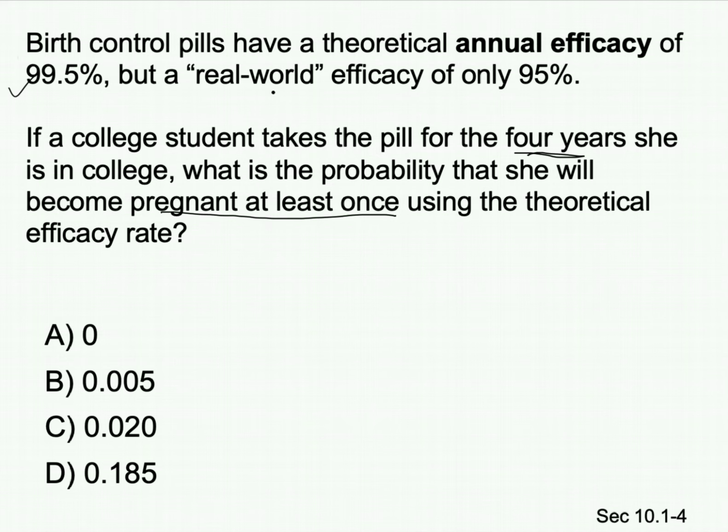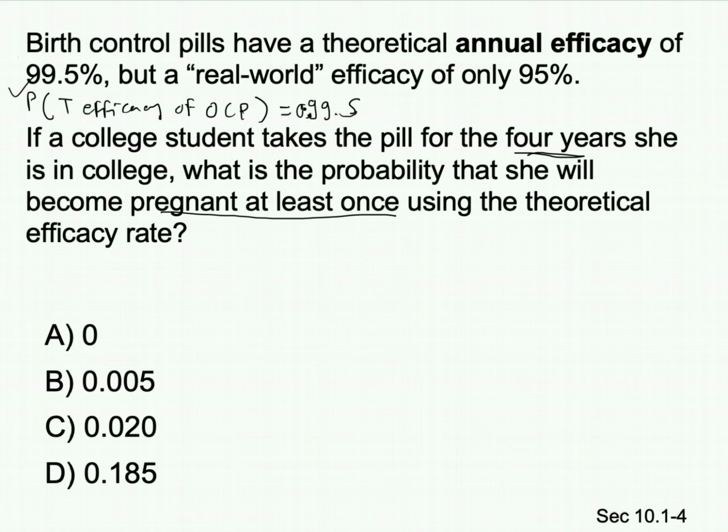So basically we have to use this theoretical efficacy rate, so we can simply forget the other information. We know that the theoretical efficacy of oral contraceptive pills, or birth control pills, is 99.5%, or 0.995 in other words, right?